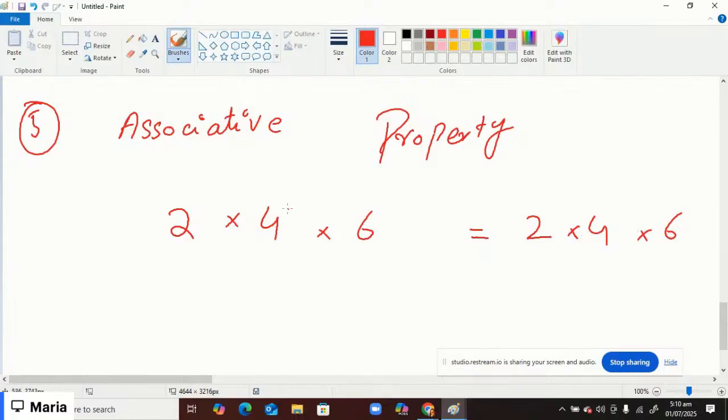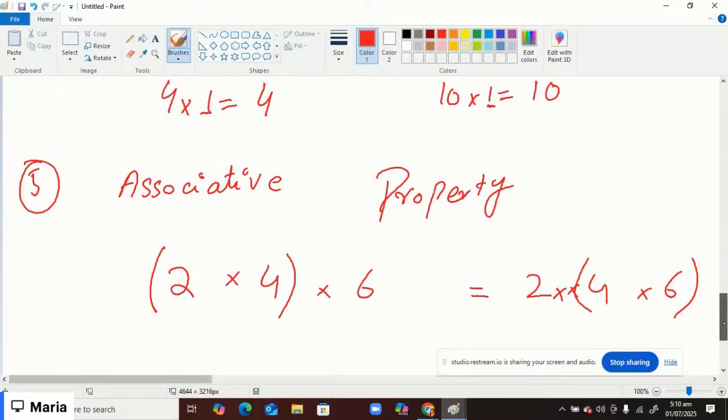First you put the bracket on the first two digits, then you put the bracket on the last two digits. The multiplication sign stays as it is. Understand? That's it. This is called the associative property.